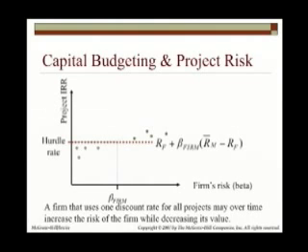We would reject all of these projects down here because they are below the hurdle rate, and we would accept all of these projects up here because they are above the hurdle rate. What we would be doing is, over time, increasing the risk of the firm and decreasing its value. In other words, we're kind of going the wrong way. What we want to do is reduce risk and increase value.